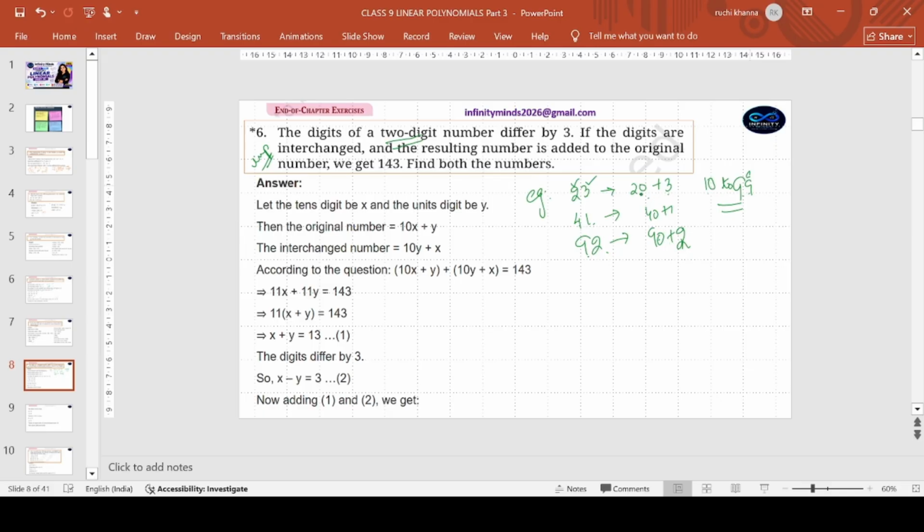So how can they further be written? 2 into 10 plus 3, 4 into 10 plus 1. The digit at the tens place into 10, the place value, plus the digit at the units place, which is of course into ones.